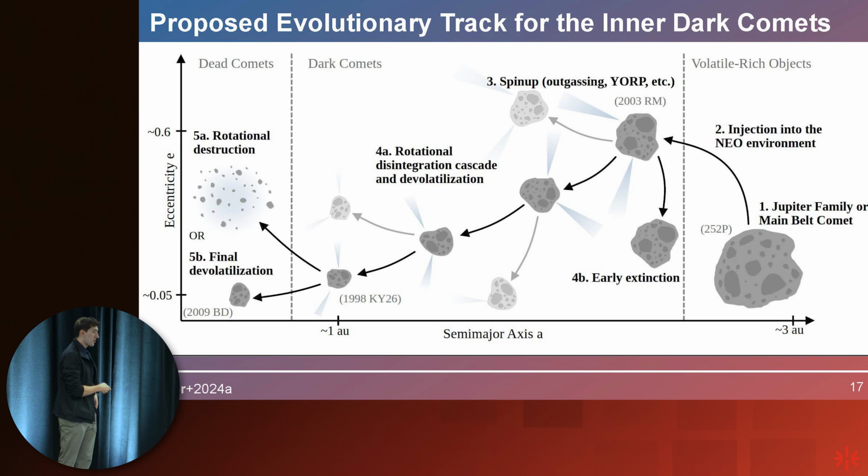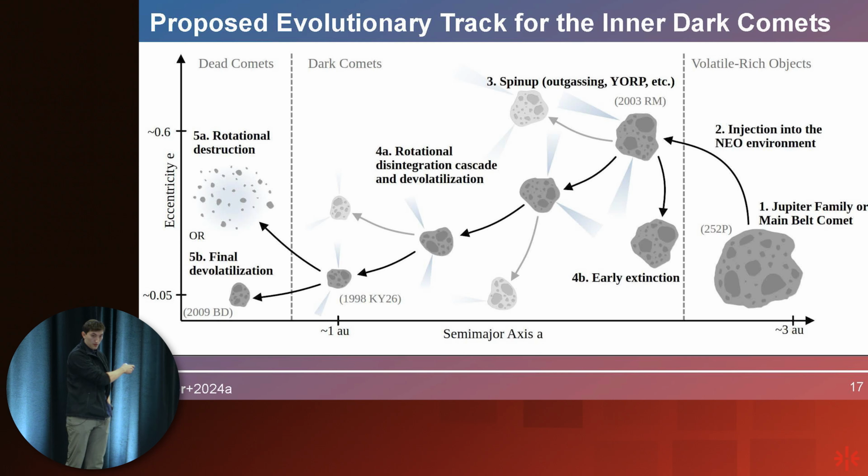It can either continue this process to the point where it tears itself into pieces completely, which we have seen in all sorts of comets, or it can lose its volatiles around this point and stabilize to a final devolatilized state. And what's interesting is that we found several objects like this, like 2009 BD, which have densities that we would expect from comets, but are in the near-Earth environment, are small and rapidly rotating, and don't have a clear explanation. Asteroids are usually much more dense than this.